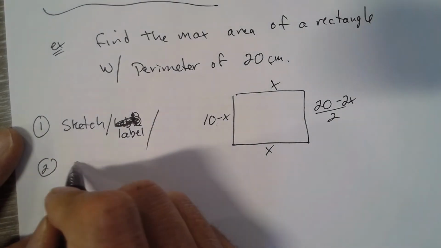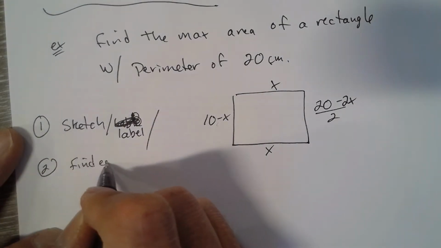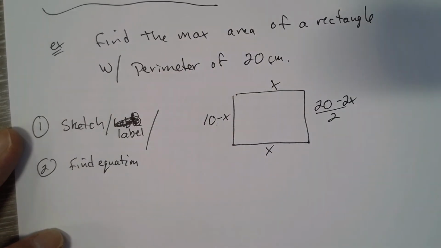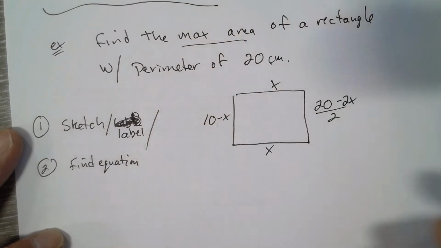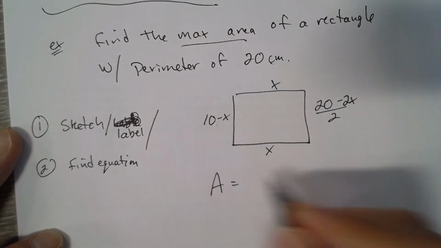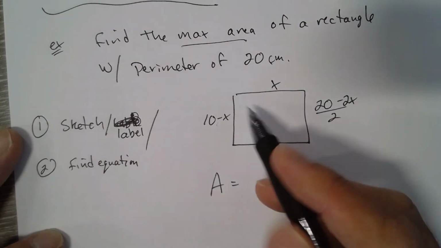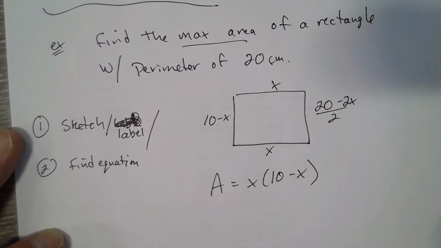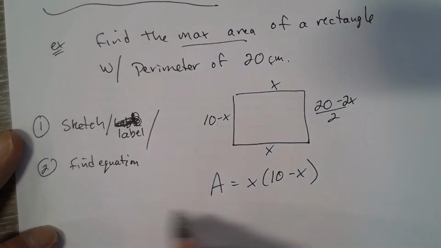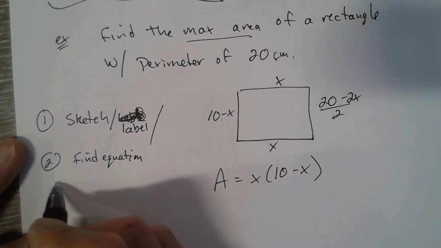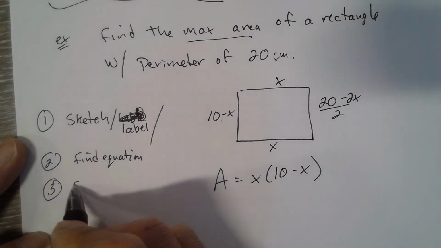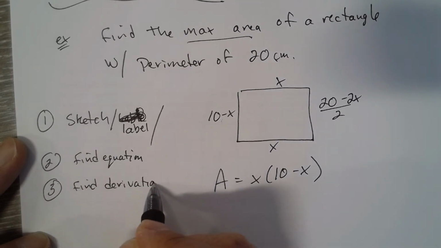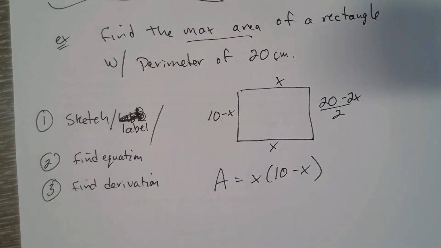Next thing we want to do is find an equation to relate the variables. We're looking for the maximum area, so we're going to have an area equation. Area of a rectangle is base times height, so x times 10 minus x. Once we have our equation, that's a big part of it. Now we just want to find the derivative, because that will be where we have a horizontal tangent, either a max or a min.